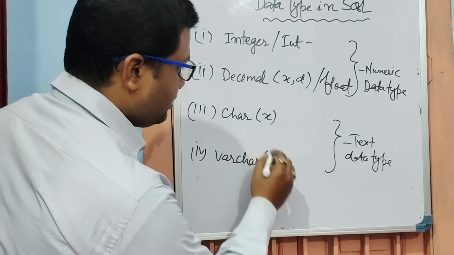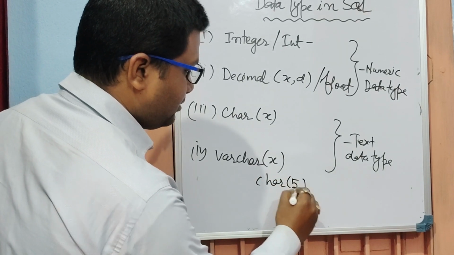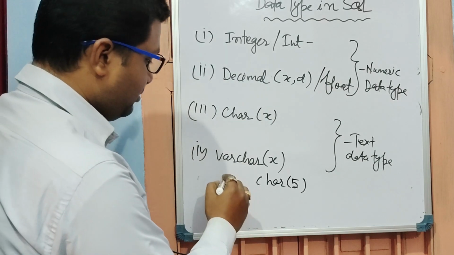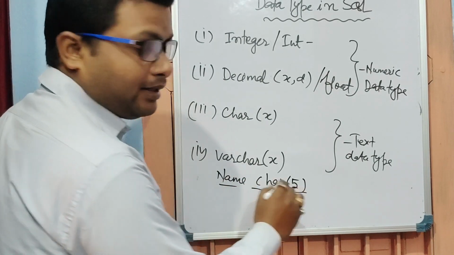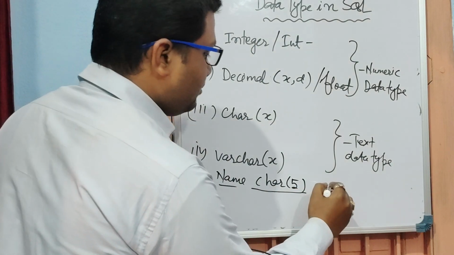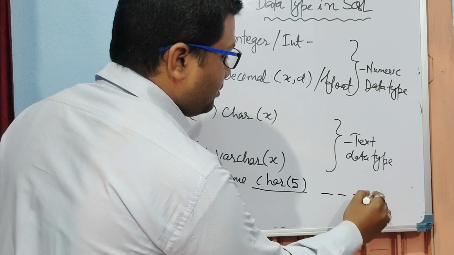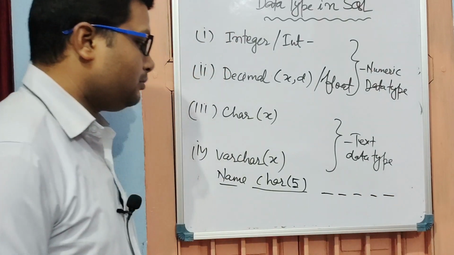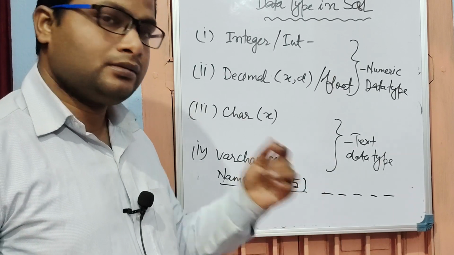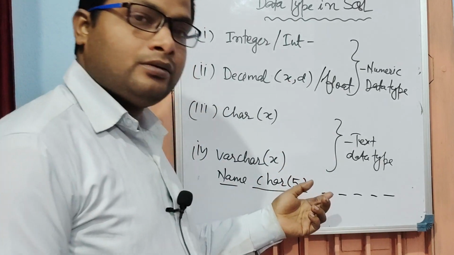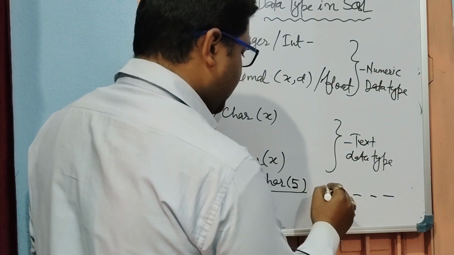For example, if you have taken char 5, suppose you have taken the data type for name as char 5, then the memory will allocate 5 bytes to store these characters.